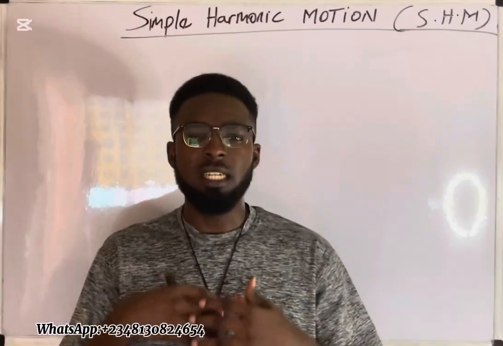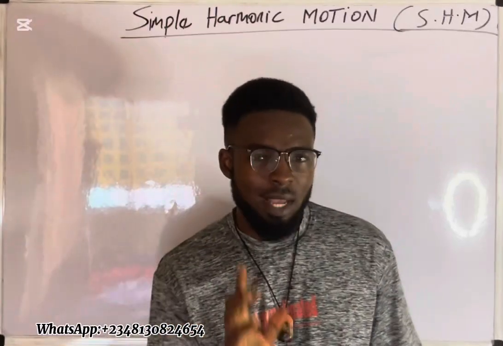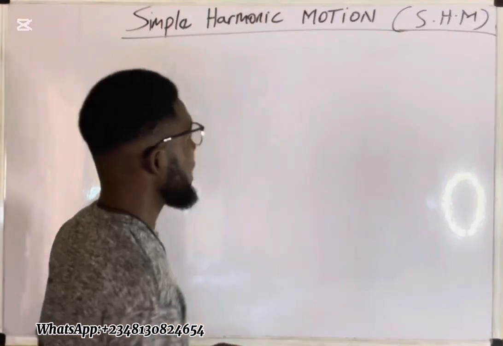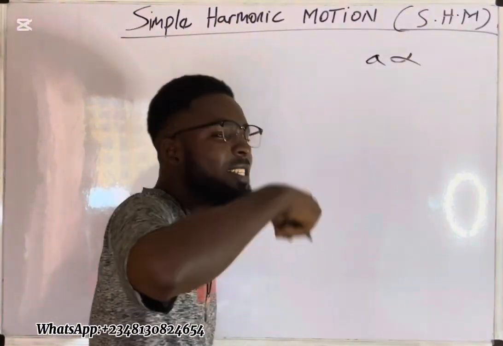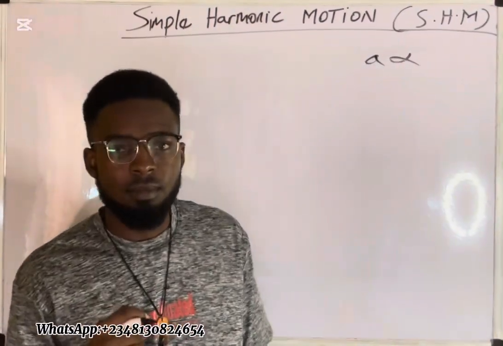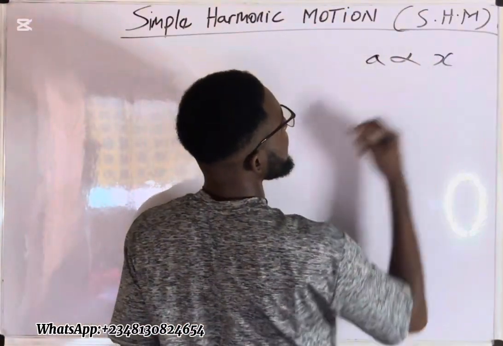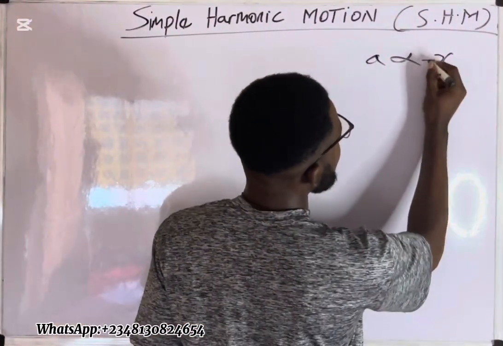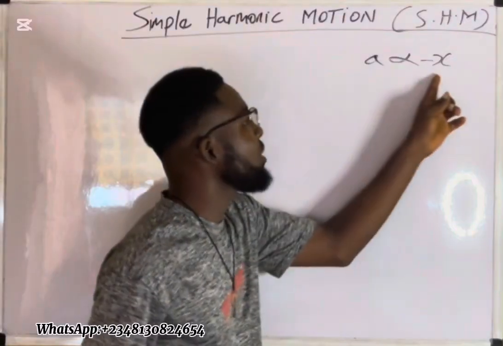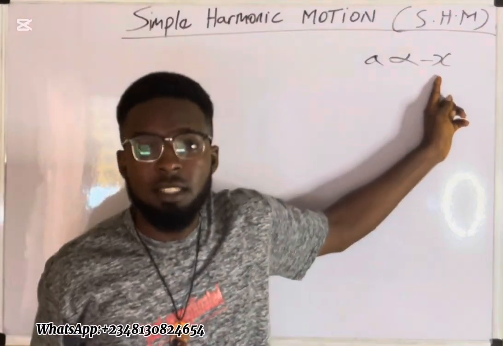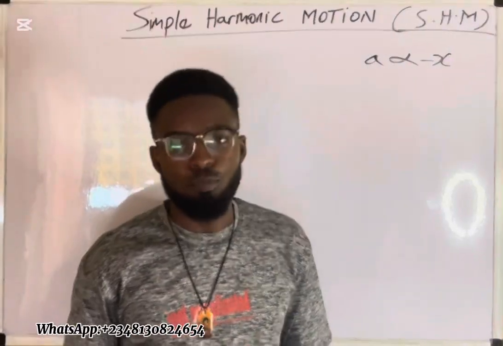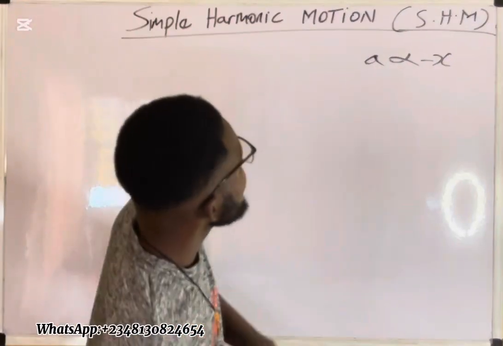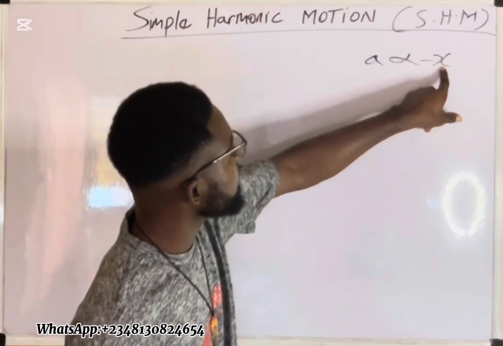Simple harmonic motion. For a body to execute simple harmonic motion, the acceleration is directly proportional to its displacement. The acceleration is directly proportional to its what? Displacement from the mean position, which is the center of motion. You can see it here, acceleration directly proportional to its displacement.